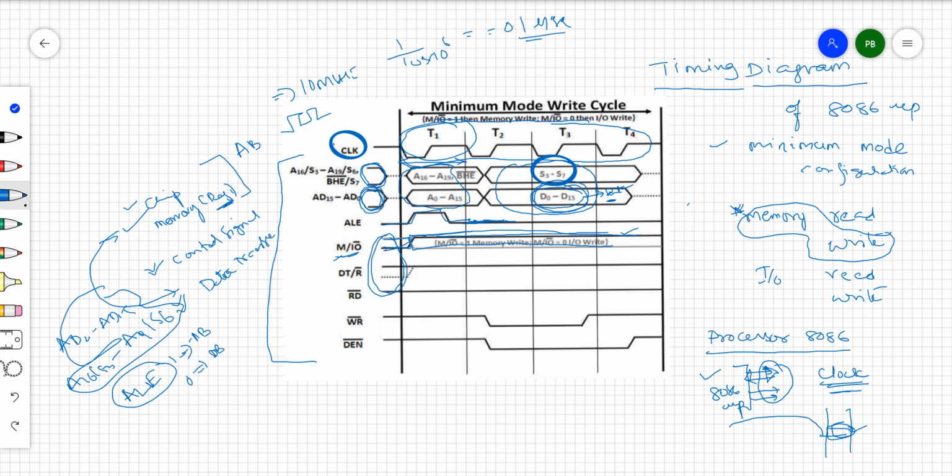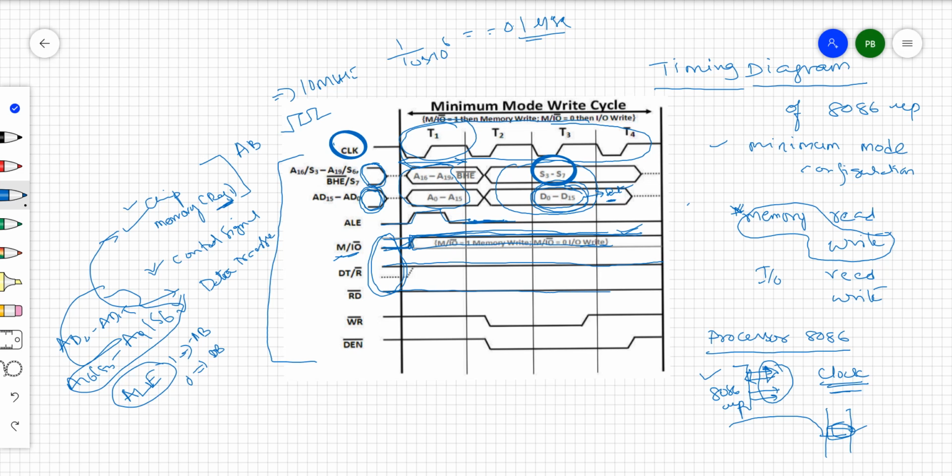For the IO write cycle, this one is going to become low, because this being high means a memory write cycle. Memory means this line has to be high. Then whether it's receiving or transmitting the data, write means it's transmitting data. That is the reason it is high. So reading is high only.